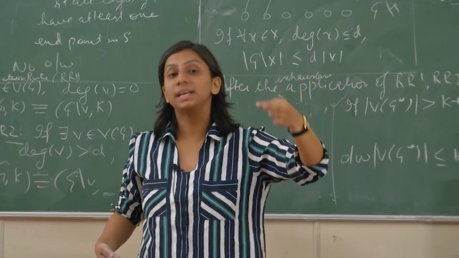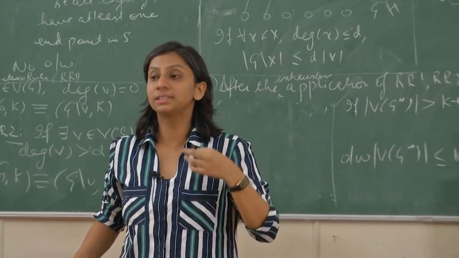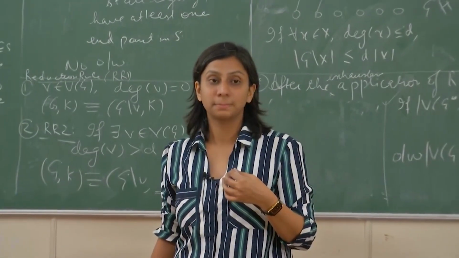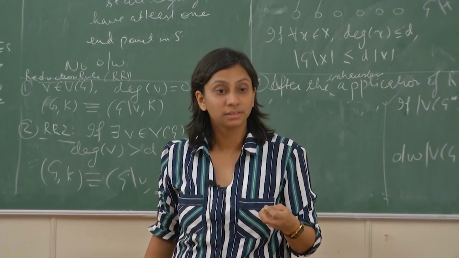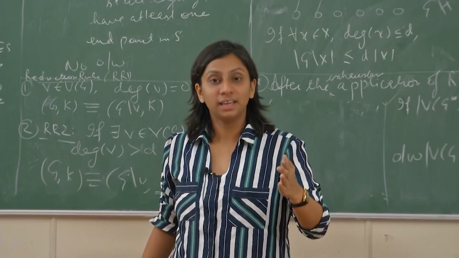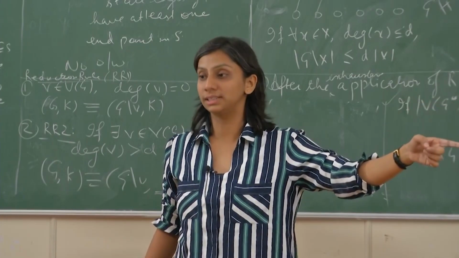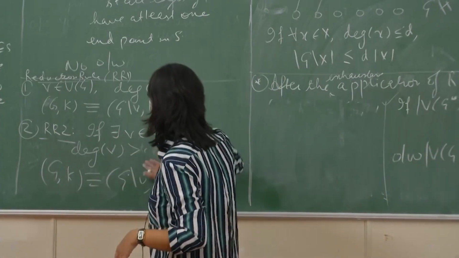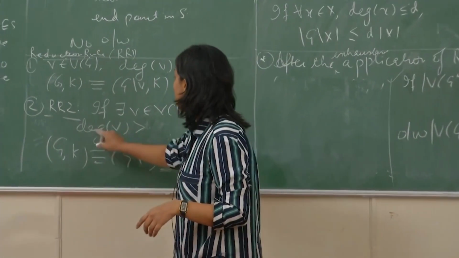Now, I give you a vertex with degree k plus 1, and you're looking for a solution of size at most k. What can you say? That vertex should go to the solution. Yes. So there is no vertex cover of size k that avoids picking this vertex. Basically we are trying to design this reduction rule.